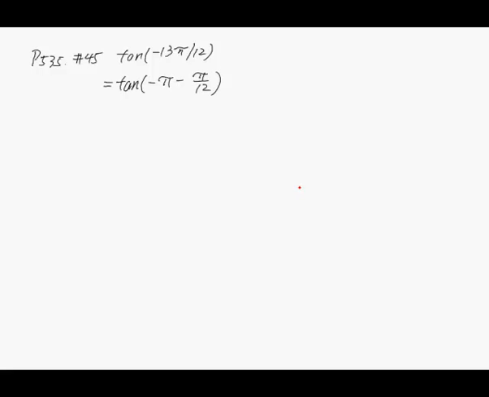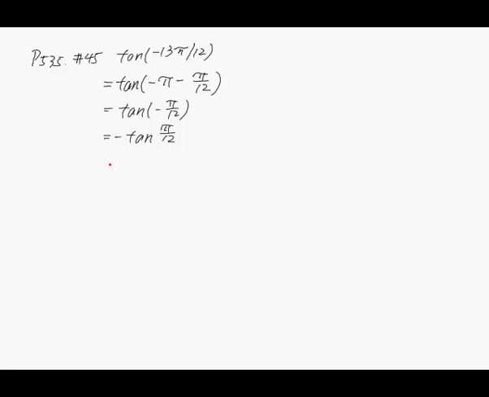We can throw away any multiple of pi without changing the value. So we have the tangent of negative pi over 12. Now, since tangent function is an odd function, we can take this negative sign out. So negative tangent of pi over 12.